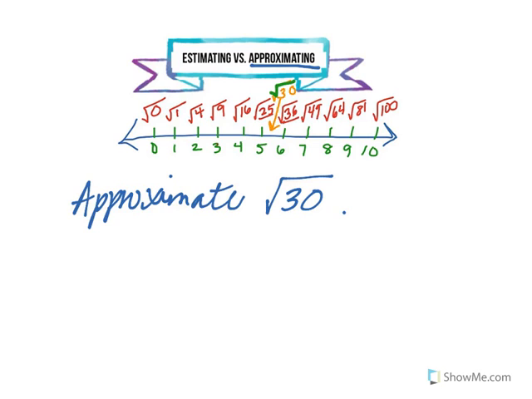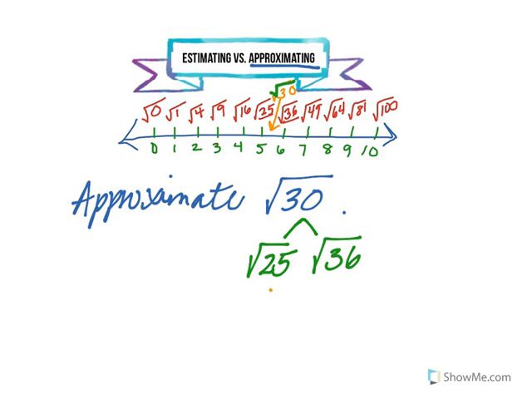When I went to estimate it, I would estimate this as being between the square root of 25 and 36, because we are looking at the square root of 30 as an imperfect square, and we need to find two perfect squares where it's between. So it would be between 25 and 36.